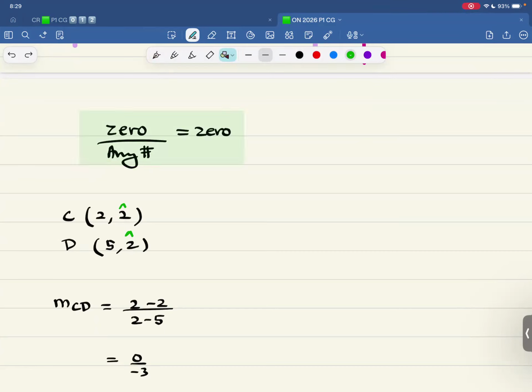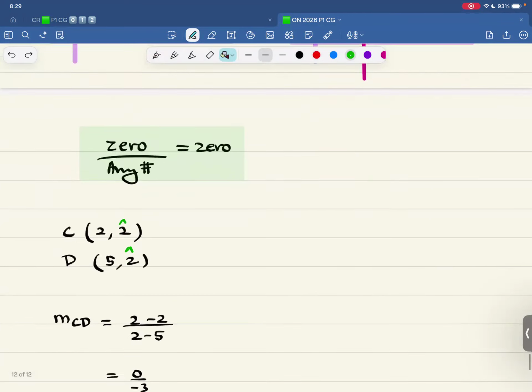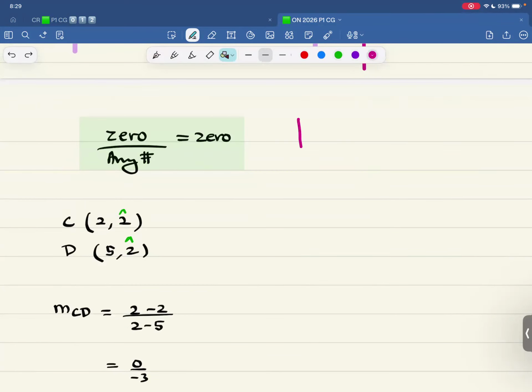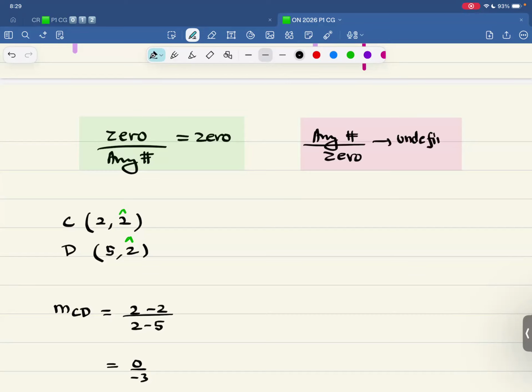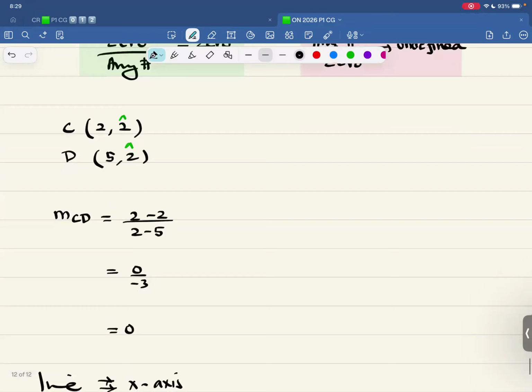Okay. And then let me draw this line over here, which is any number divided by 0. This is undefined. You cannot define it. It will give you a math error on the calculator.